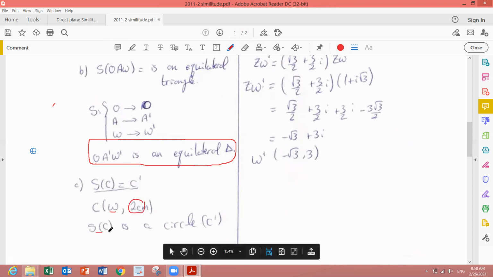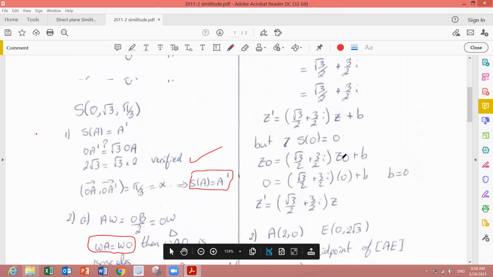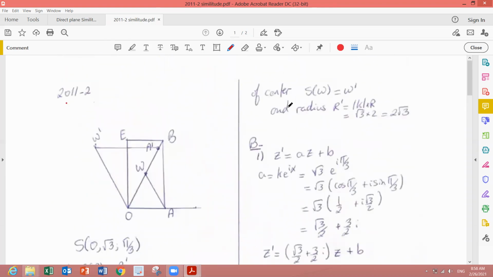Then S of C is a circle C prime of center W prime, since S of W equals W prime, and radius R prime equals absolute value of K times R, which equals 2 radical 3 centimeters.